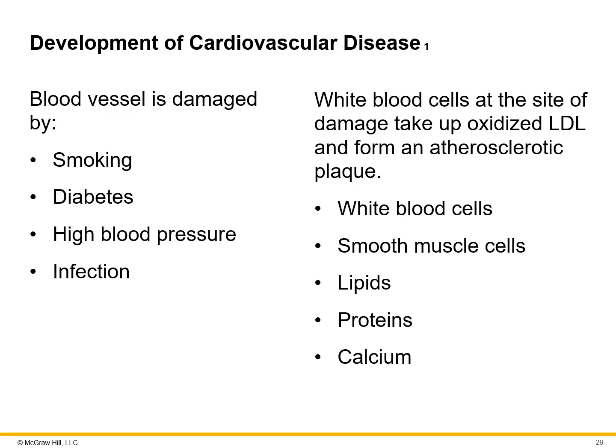So the development of it increases your chances if we damage our blood vessels. That can occur from smoking, also having high blood sugar in the form of diabetes, having high blood pressure, and some different infections can destroy or damage our blood vessels. White blood cells that are part of our immune system can be damaged whenever that LDL is oxidized.